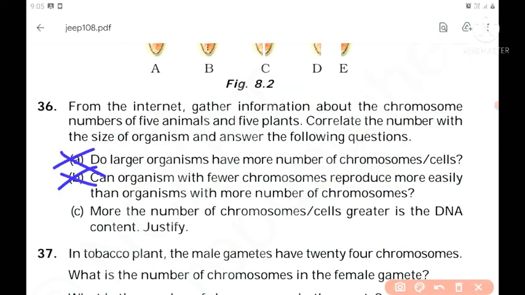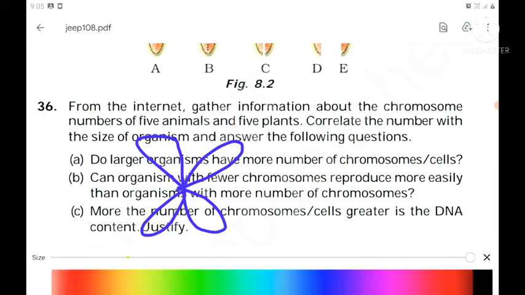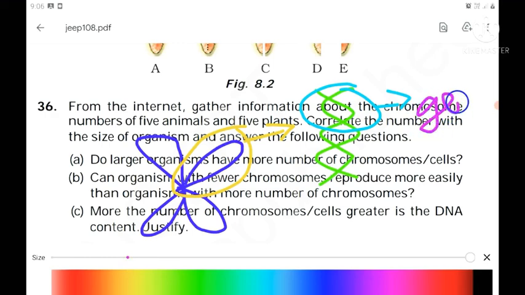More the number of chromosomes, greater is the DNA content. Now, this is a good one. What is a chromosome? This is an X chromosome. Now, each section of this chromosome has DNA, and each section of a DNA has a gene.